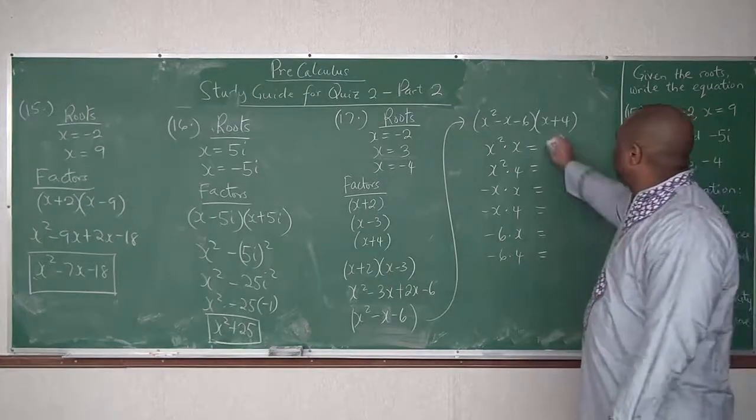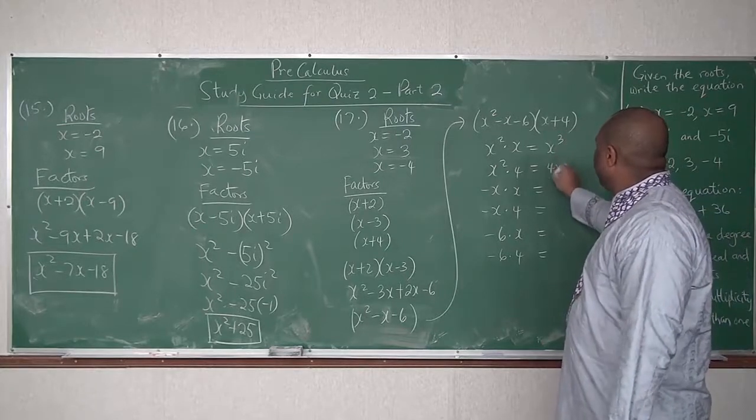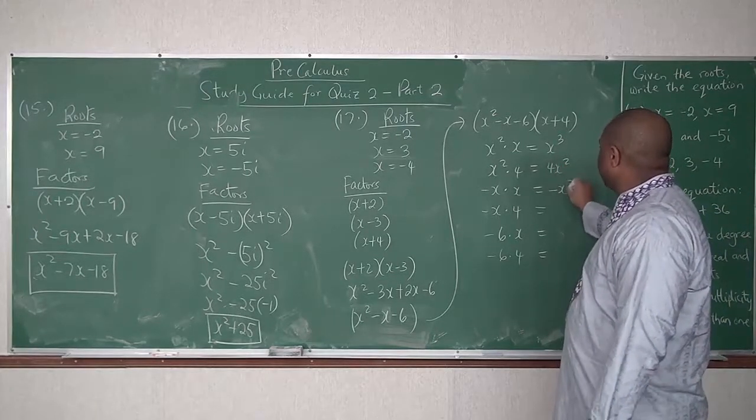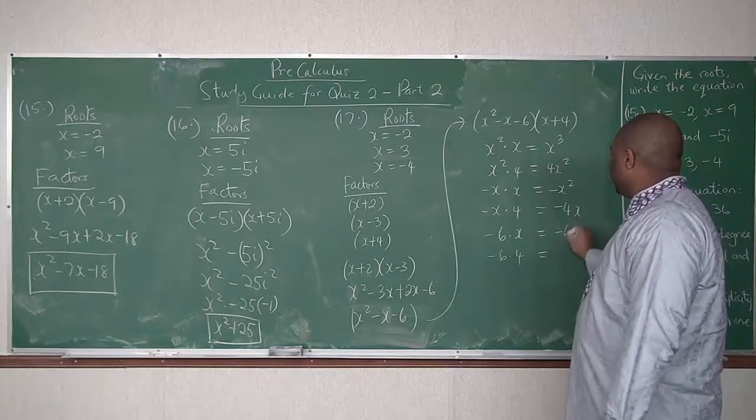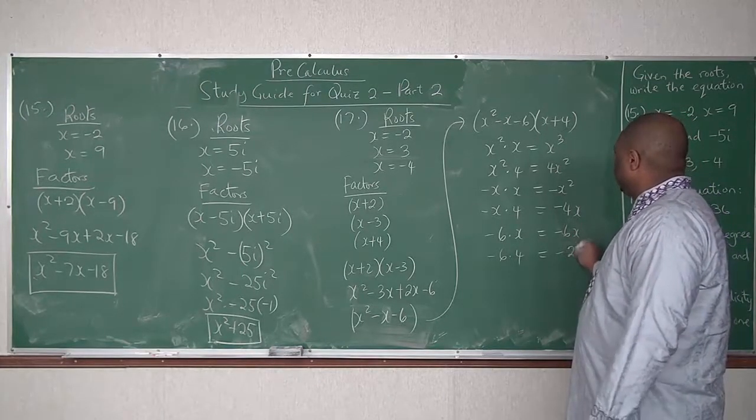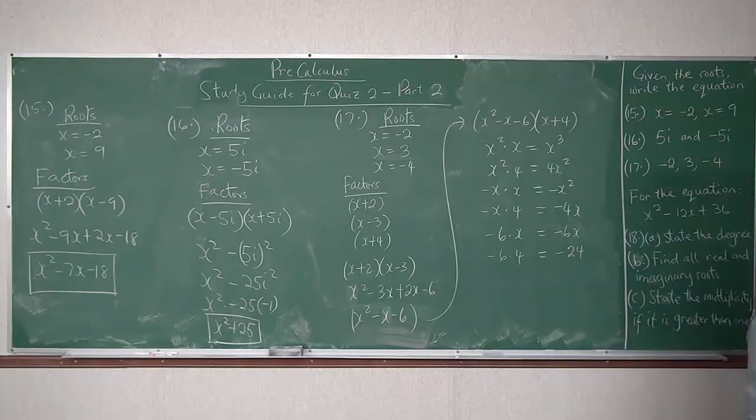So this gives me x cubed, 4x squared, negative x squared, negative 4x, negative 6x, and negative 24. Right?